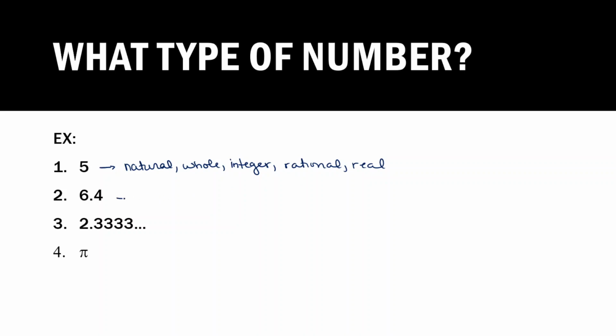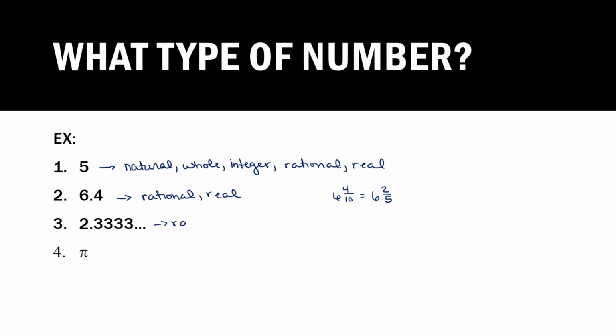Now 6.4 is a terminating decimal. So this is rational, which makes it real. Now think about that. 6.4 is 6 4/10. So that's 6 2/5. So it can be written as a fraction. Now 2.3 repeating.